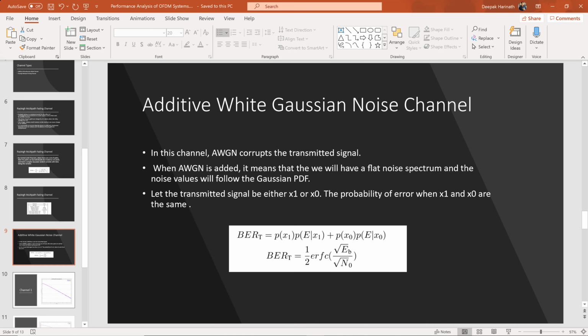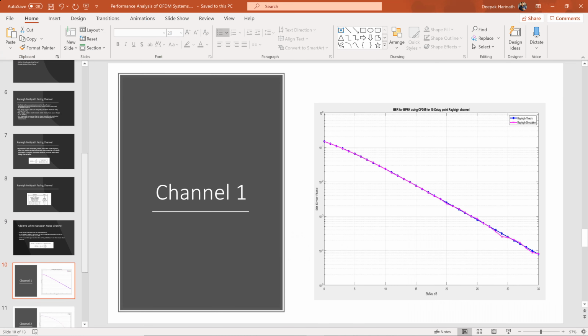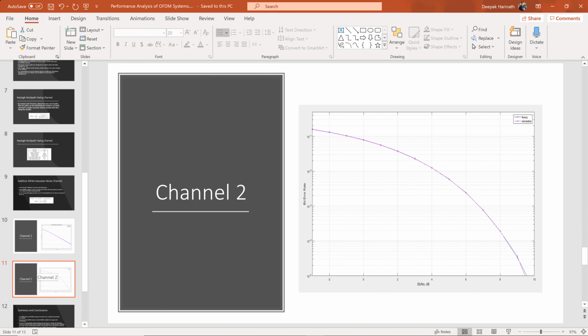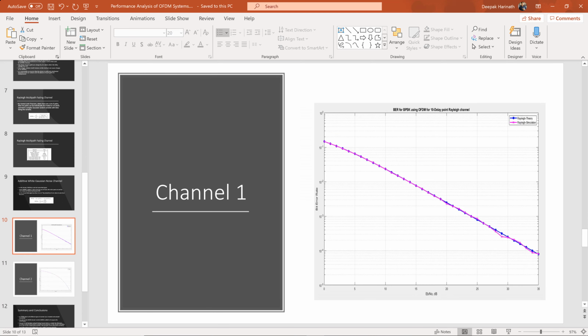Now let's evaluate these results and analyze the performance. If we look at channel 2 being additive white Gaussian noise and channel 1 being the Rayleigh, we could see that the BER is more when compared to channel 2.